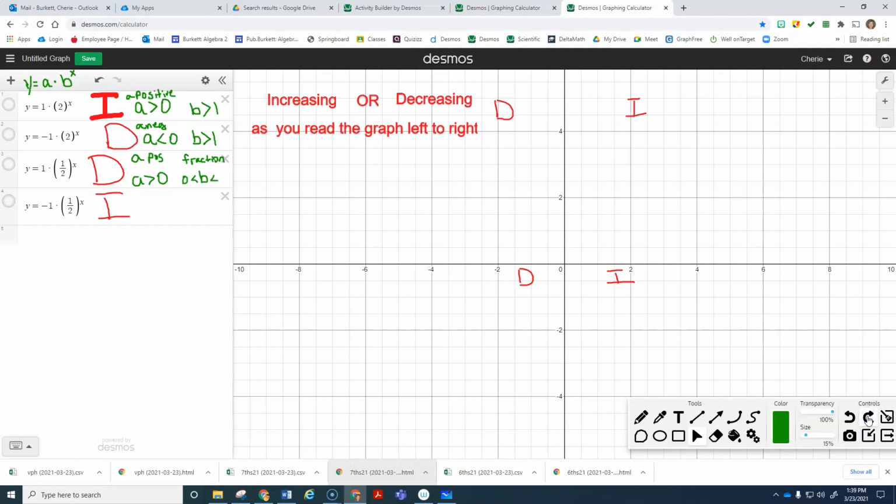The way that we use symbols to write that we have a fraction is to say that our B value is a number between 0 and 1. Because what kind of numbers are between 0 and 1? 0.1, 0.2, 0.3, 0.4. And all of those decimals can be changed to fractions. So 1/4, 1/2, 1/8, 1/16, 2/16. 5/3 is a number bigger than 1. 2/3. So all of those are proper fractions.